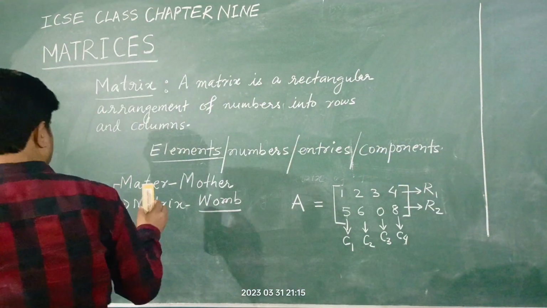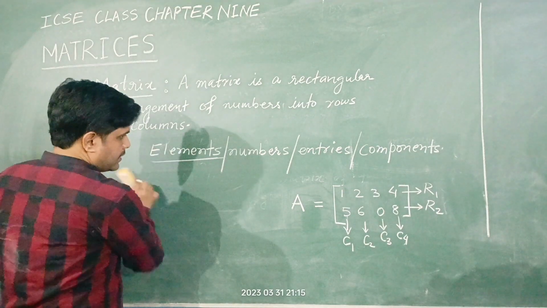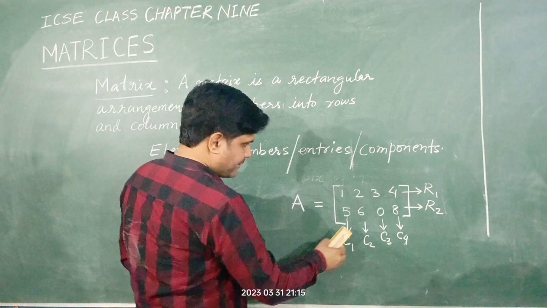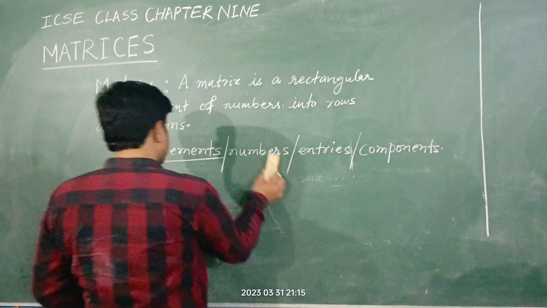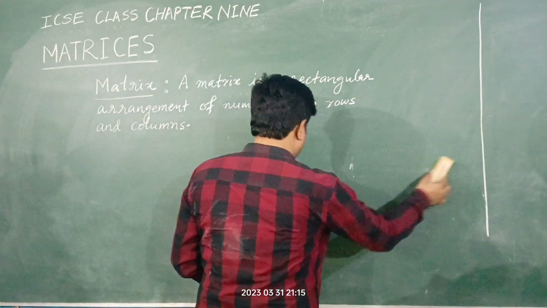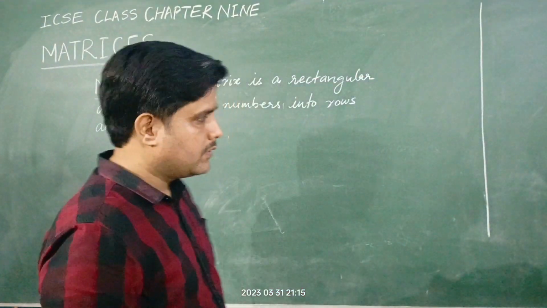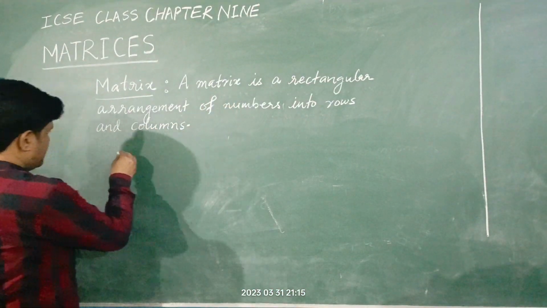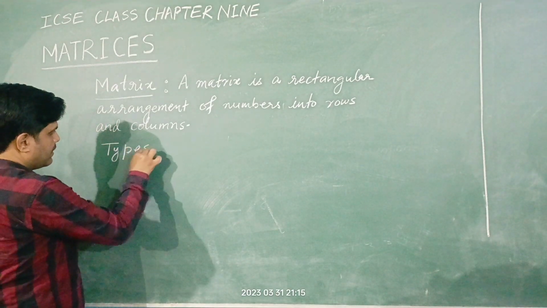Next we are going to study types of matrices. So here 1, 2, 3, 4, 5, 6, 0 and 8, these are called elements, components, numbers, members, entries of a matrix. Now we come back to the main thing here, types of matrices.